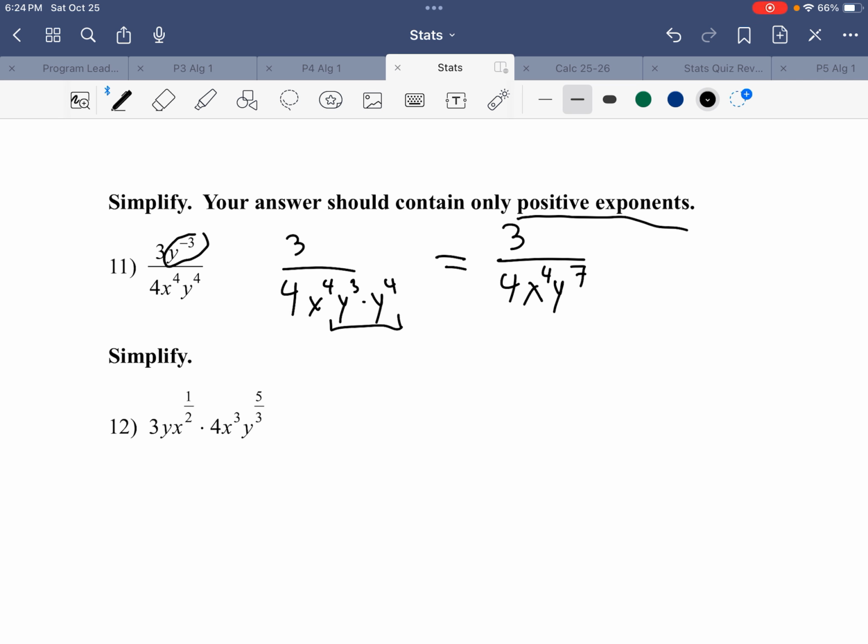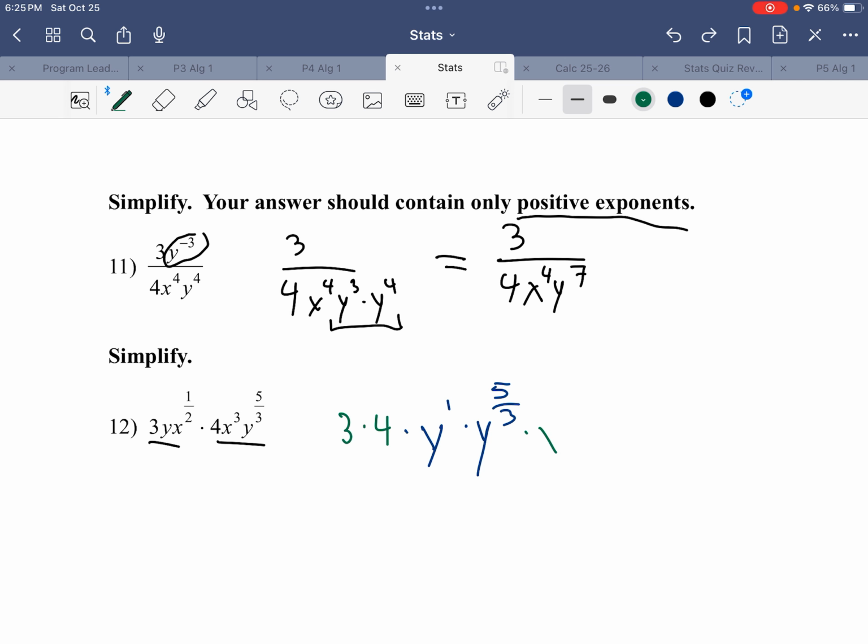Same idea here. Now when we're multiplying, we add the exponents. I'm going to try to do this by the colors. This is like 3 times 4 y. I'm just going to put y to the first times y to the 5/3, and x to the 1/2.